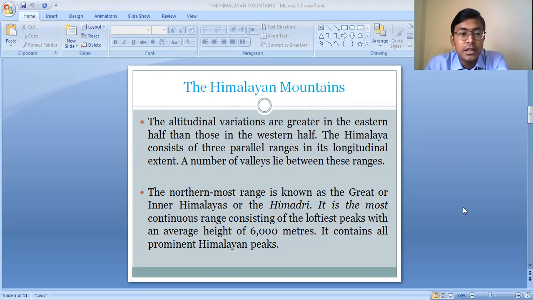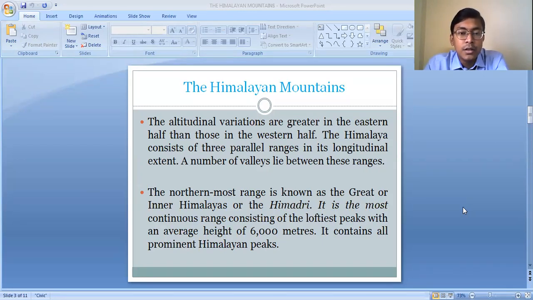The topmost part, the northern extreme of the Himalayan mountains, is known as the Himadri, or the Greater Himalaya. Then we have the Lesser Himalaya, or the Himachal Himalaya, and the foothills of the Himalayas are known as the Sivaliks, which you have studied in your earlier classes also. In your junior classes, you have got some information about the Himadri, the Lesser Himalaya, and the Sivaliks.